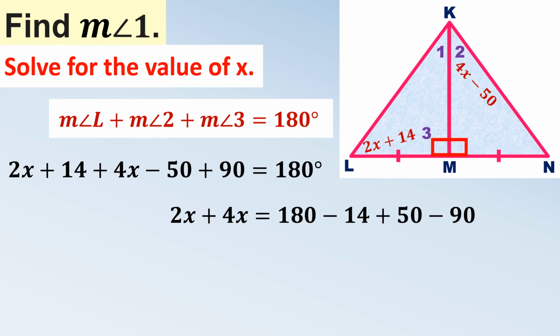And by applying some properties, so we have 2x plus 4x is equal to 180 minus 14 plus 50 minus 90. Simplify further. So 6x is equal to 126. And by division property of equality, we divide both sides by 6. So the value of x is 21.